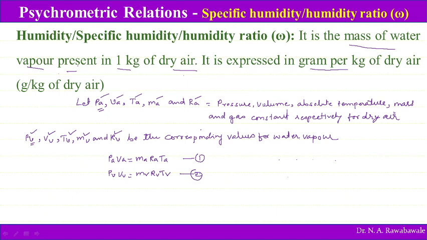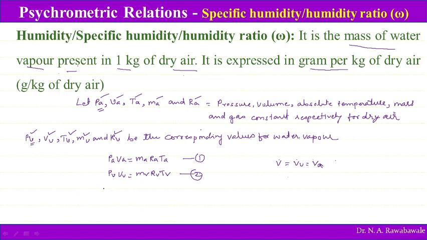So now what we have assumed is the volume is going to remain the same, as we have defined in Dalton's law of partial pressure. So volume of mixture is equal to volume of vapor is equal to volume of air. The volume of all the constituents is the same as the volume of the total mixture of gases.